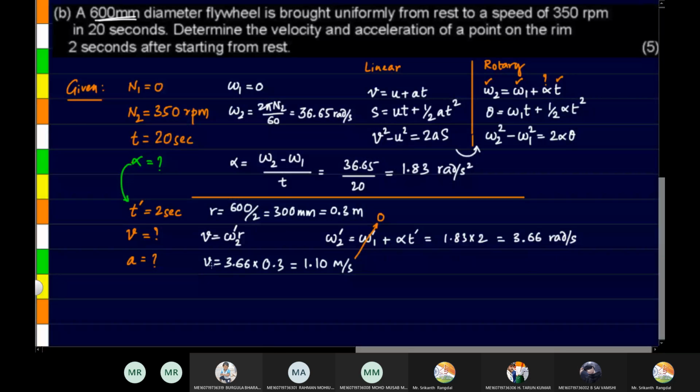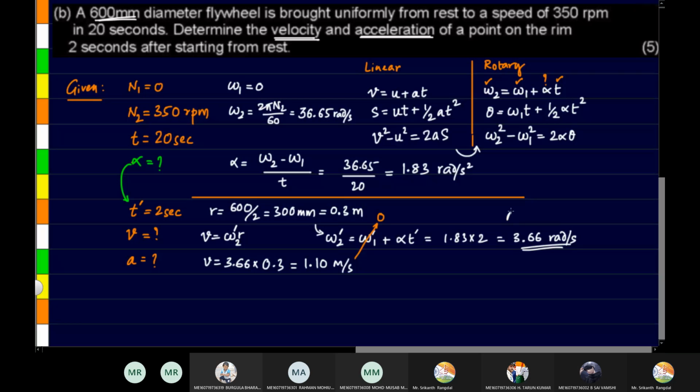And what about acceleration? So look at the question carefully. When he's telling velocity, he is not telling angular velocity. That is why we found the linear velocity. If he is asking angular velocity, then this is our answer.